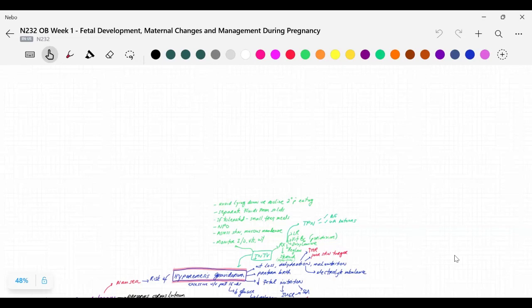Which hormone is responsible for softening of the cervix at term? Relaxin and prostaglandin. Which hormone increases the mom's sugar so that it can be rerouted to the baby? HPL and prolactin. Which hormone releases milk at term? Oxytocin. Which hormone promotes uterine contraction at term? Oxytocin. Very good. You already know it.